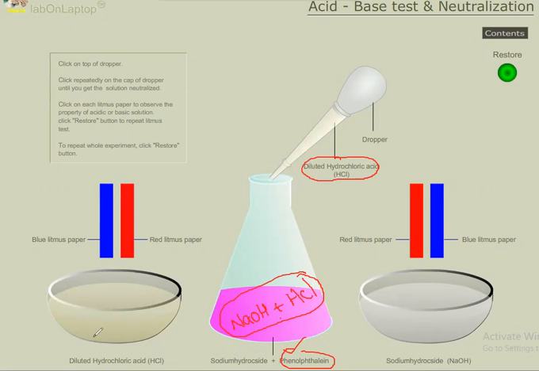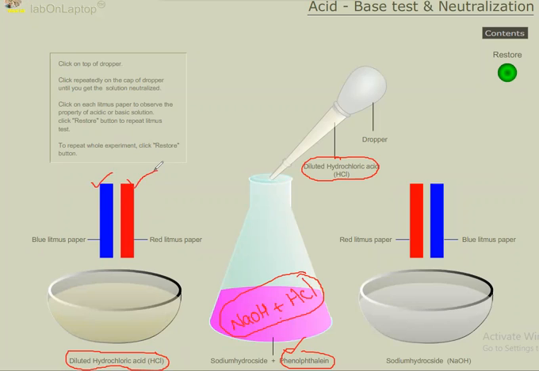Now what we are going to do here is first take a solution which is hydrochloric acid. This is a hydrochloric acid solution in this bowl, and then take two papers. One is blue litmus paper and another is red litmus paper.